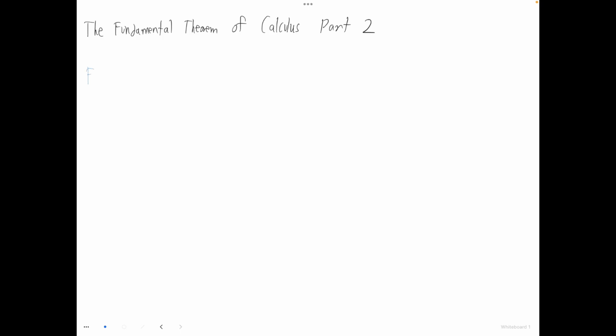And so, here's the Fundamental Theorem of Calculus, Part 2.